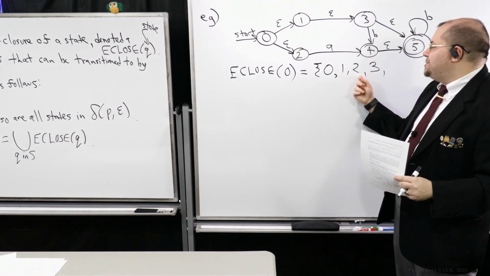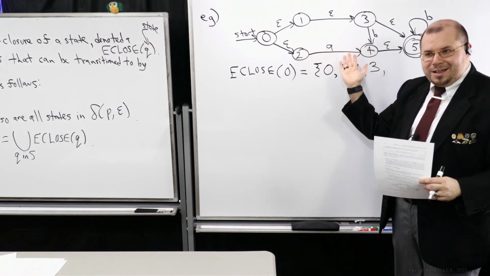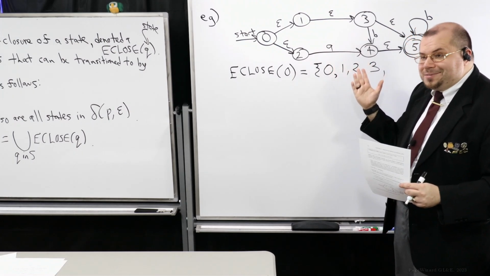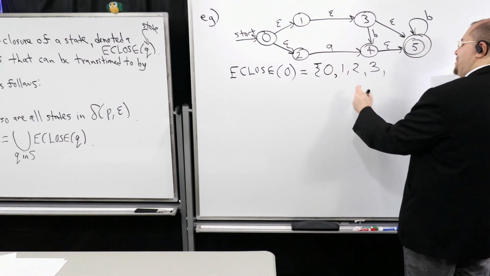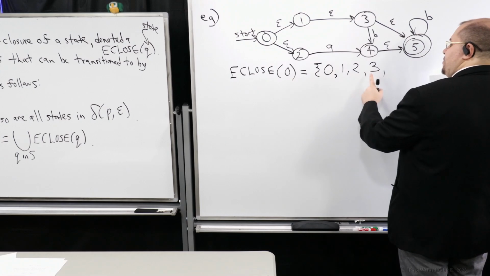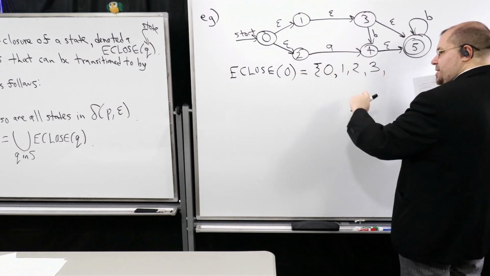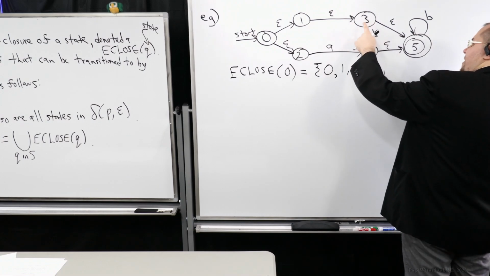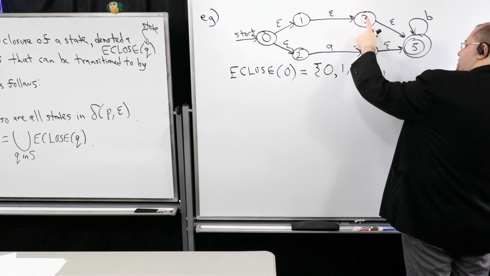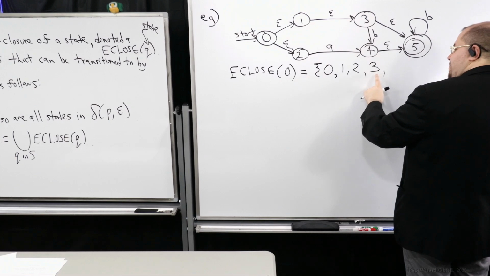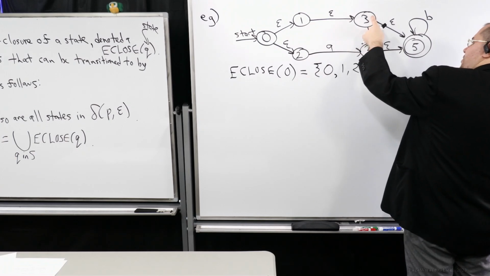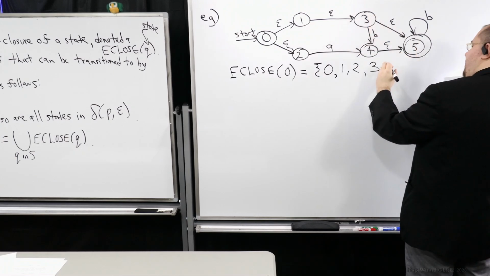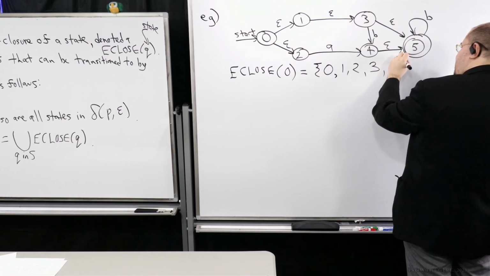Now 2. Notice that there's no epsilon transitions here. You just end up with 2, right? So we're done with 2. How about 3? If 3 is in the epsilon closure, which it is presently, then so are all the other states that you could transition to from that state on epsilon. So I can go to 5, right? But notice I can't go to 4.